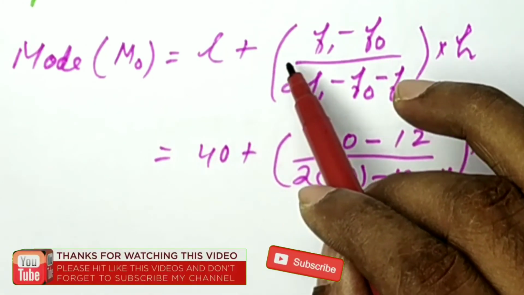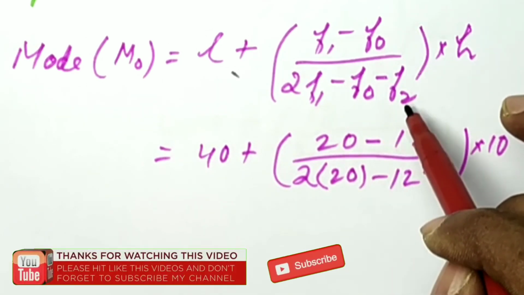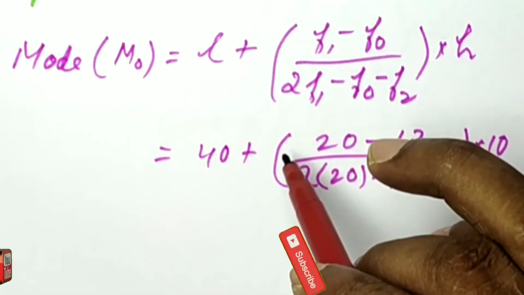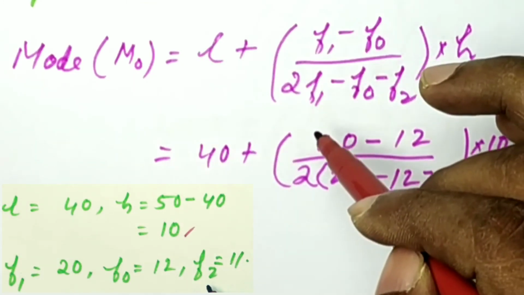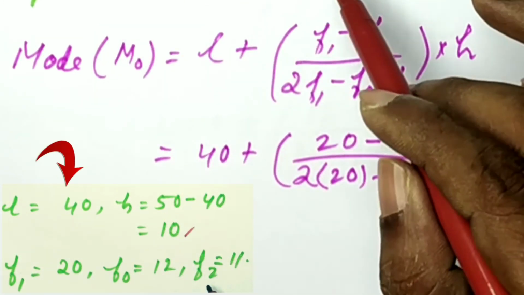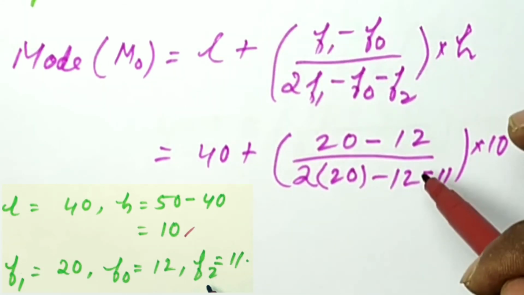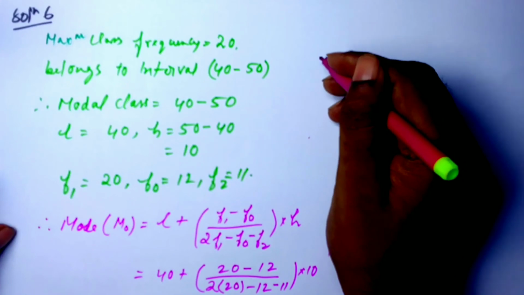So mode is l plus f1 minus f0 divided by 2f1 minus f0 minus f2, into h. We substitute the values here, 40 plus, within bracket, f1 is 20 minus 12, f0, over 2 into 20 minus 12 minus 11, and calculate it.